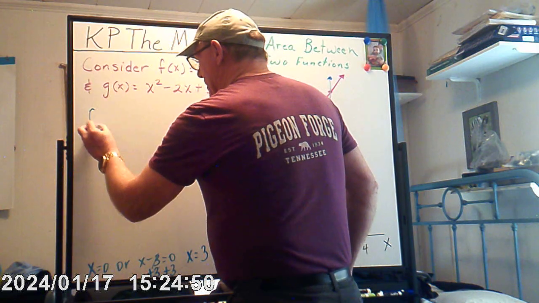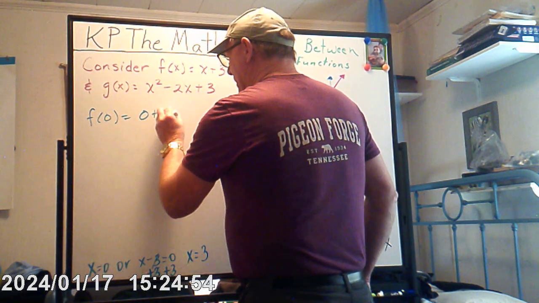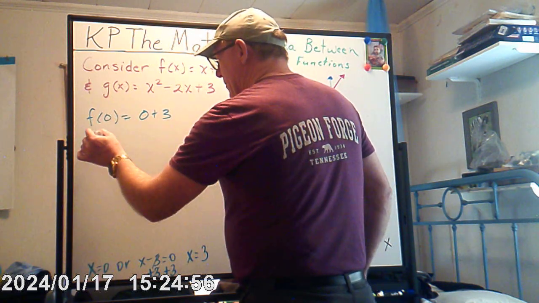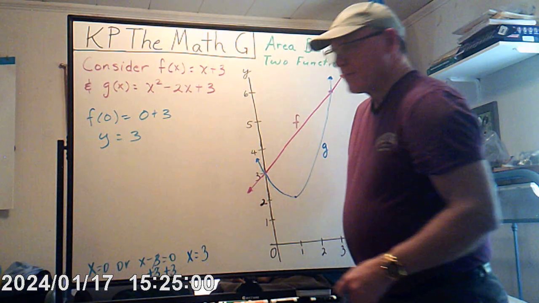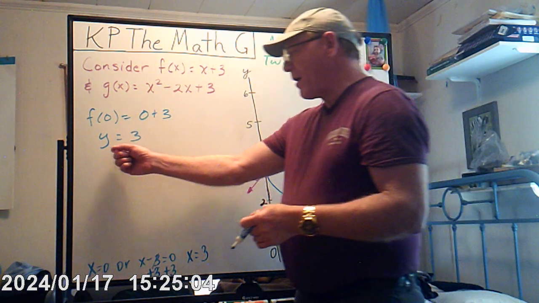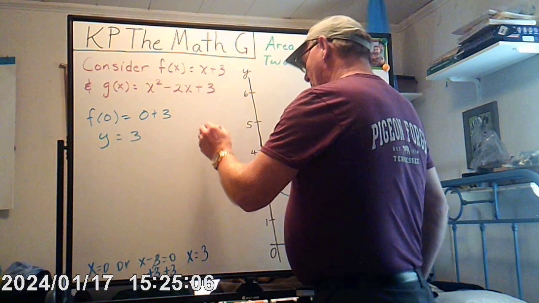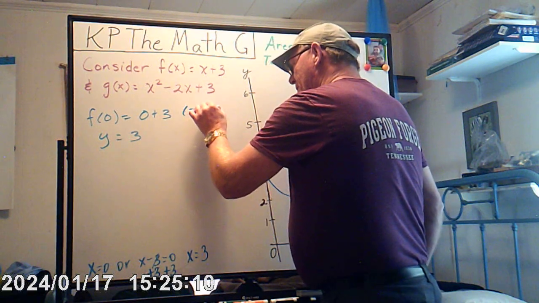F at 0 is equal to 0 plus 3. This is actually the same thing as saying Y is equal to 3. F of X is the same as Y. So Y is equal to 3. So the point of intersection on this one is (0, 3).